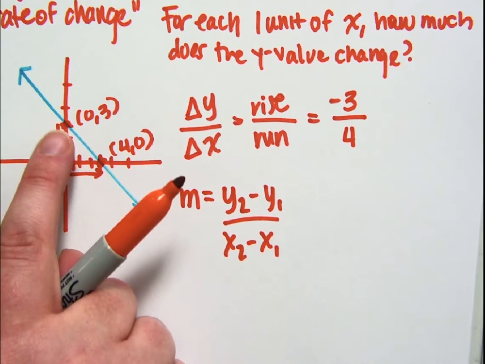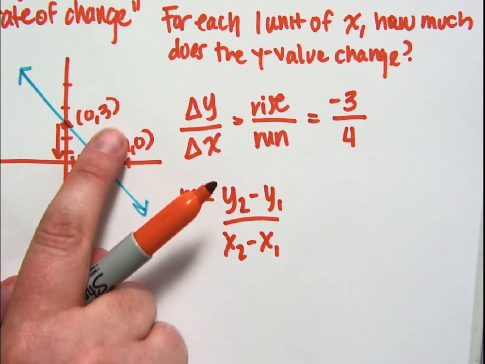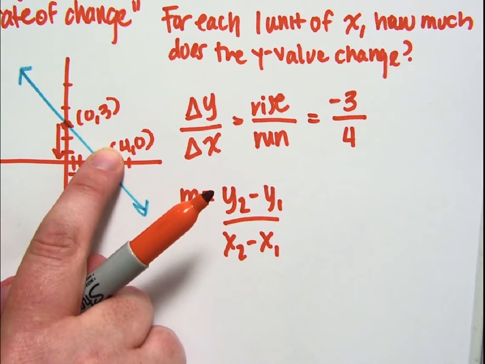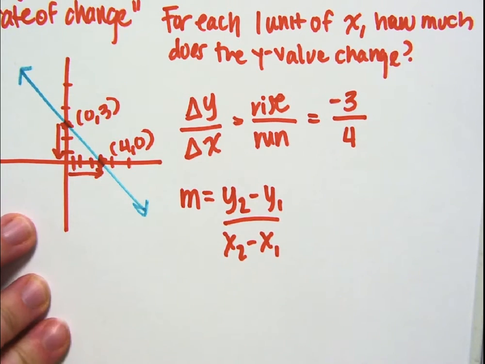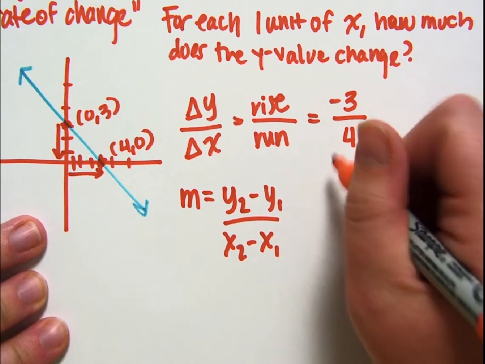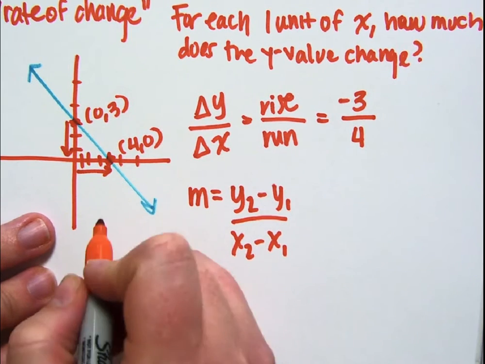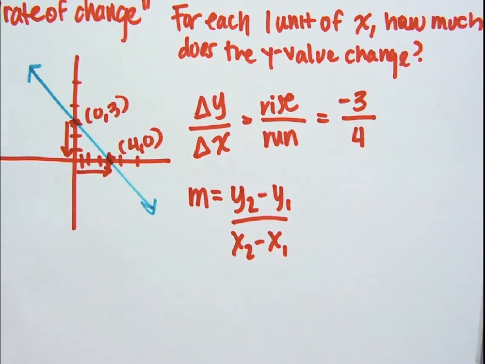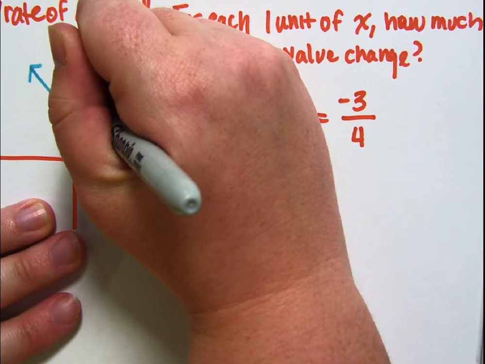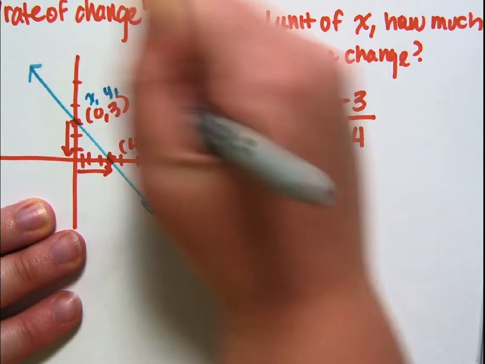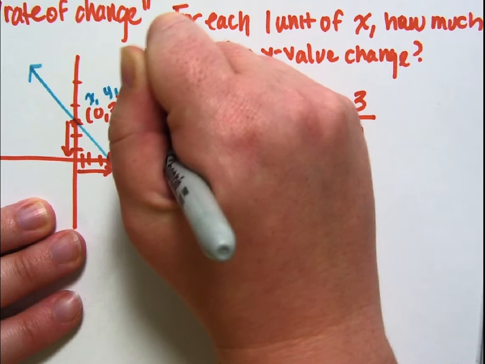So that's exactly what we're doing here: calculating the distance between the y values and the distance between the x values for the change in y and change in x. Our ordered pairs are 0, 3 and 4, 0. If it's helpful, you can label these x1, y1, and x2, y2.